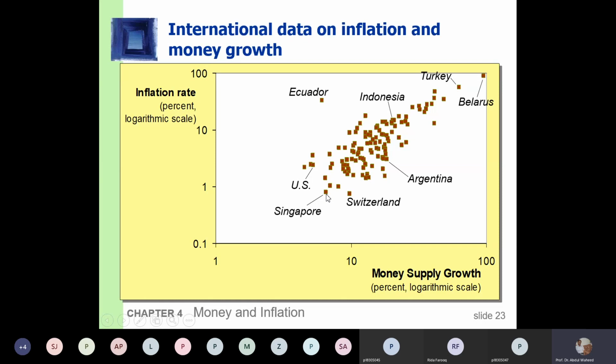And then Singapore, money supply growth rate is low, so inflation rate is also low. Same as the United States and Switzerland. So in this scatter plot, there is a positive relationship between money supply growth rate and inflation rate in the economy.